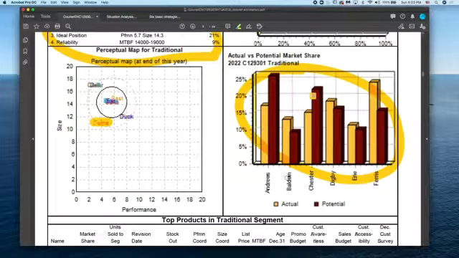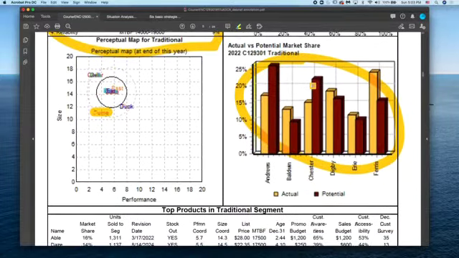Now, another thing that's interesting on this page here is the actual versus potential. So this shows that, for example, Andrews and Chester could have sold a lot more product, but they didn't produce enough units. And as a result of that shortage, Baldwin, Digby, Erie, and Ferris picked up additional sales. So in theory, Andrews and Chester, at the end of the document there's an actual versus potential sales.